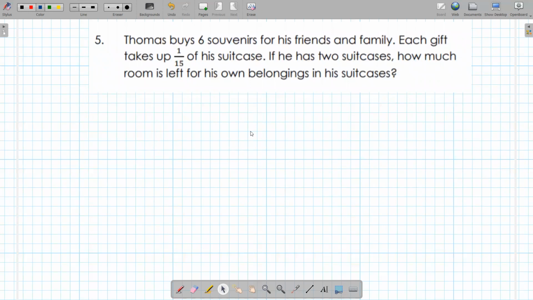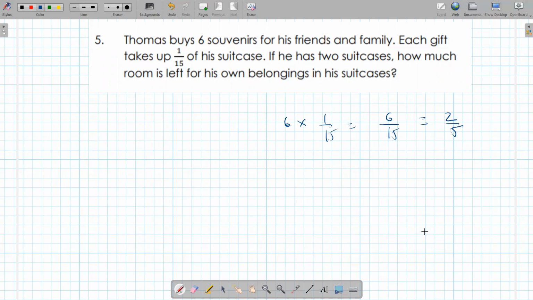Here's another one. So you just do 6 times 1/15. Right? So that's just 6/15, and you can reduce this because 3 goes into both of them, 2/5.